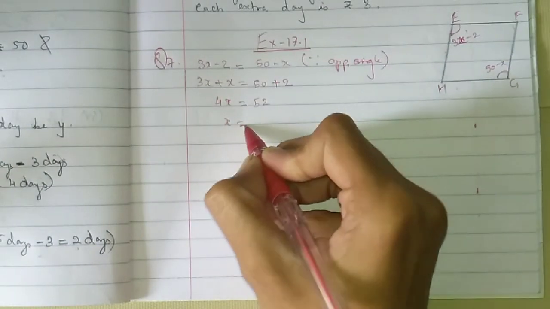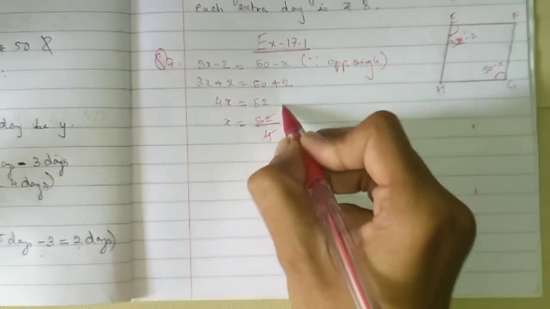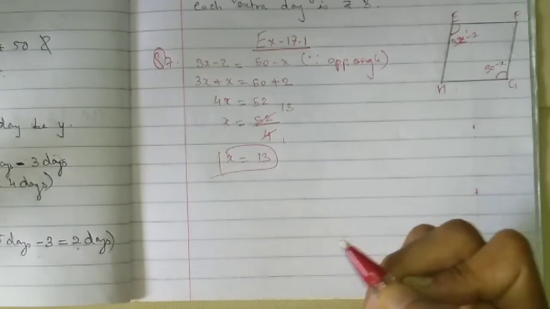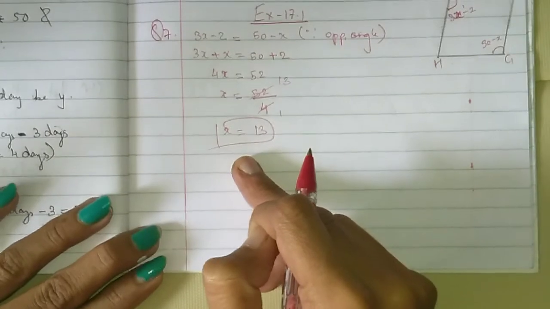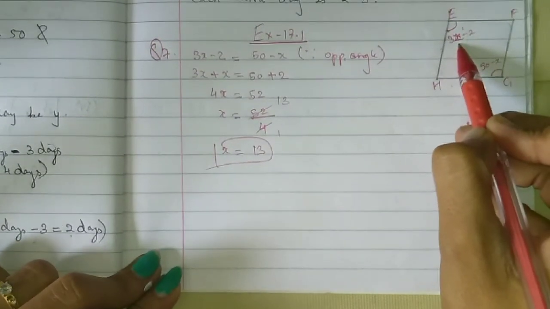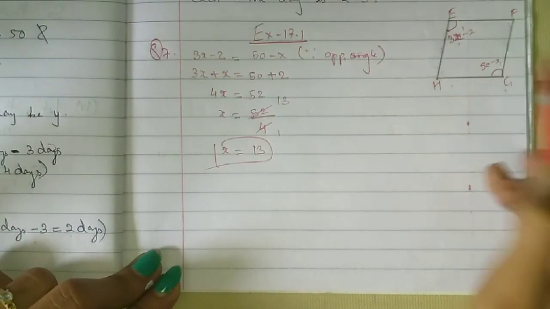So x equals 52 upon 4. 4 ones are 4, 4 threes are 12, so x equals 13. Now we have the value of x, which is 13. So we can put in this x and find out the value of angle E and angle G also. Here we will put the value of x.